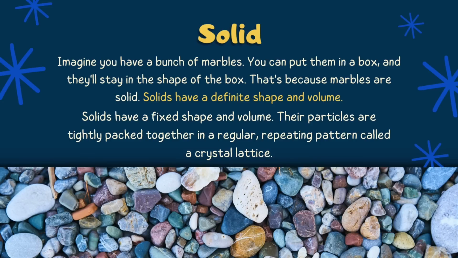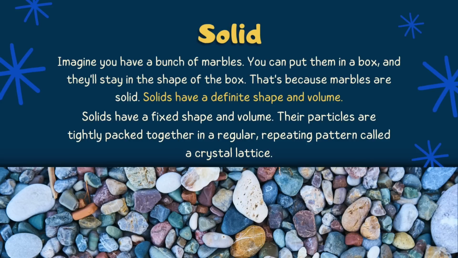Their particles are tightly packed together in a regular, repeating pattern called a crystal lattice. So, as you can see, we have pebbles and rocks as an example of solid. It has its own shape and volume.